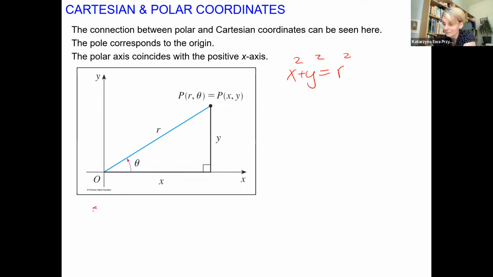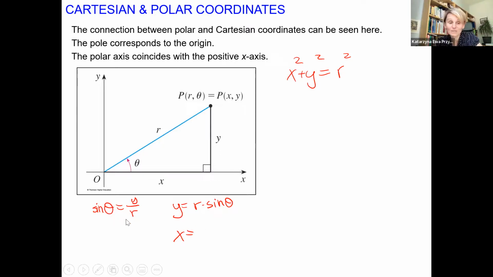Sine theta, let me write this. Sine theta will be defined as y over r. And I can say that y can be computed as r times sine theta. Perfect. If we have r and theta, we can compute y. What about x? How can we compute the x coordinate?